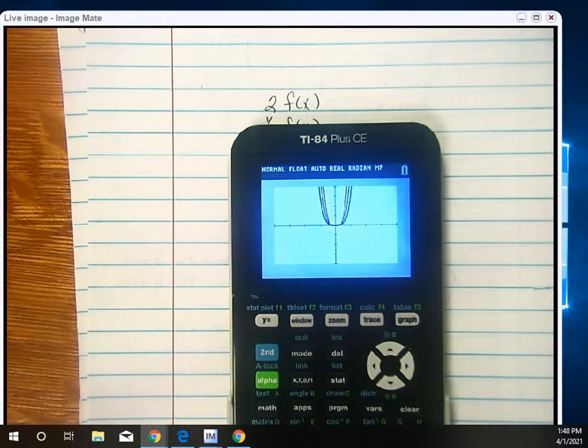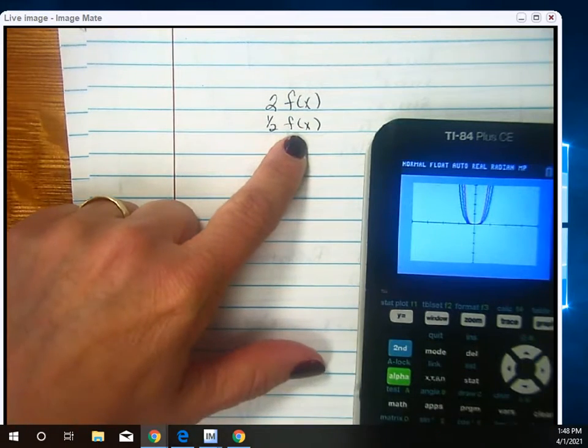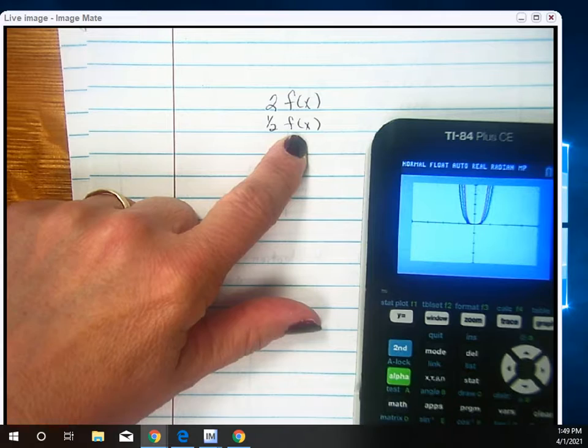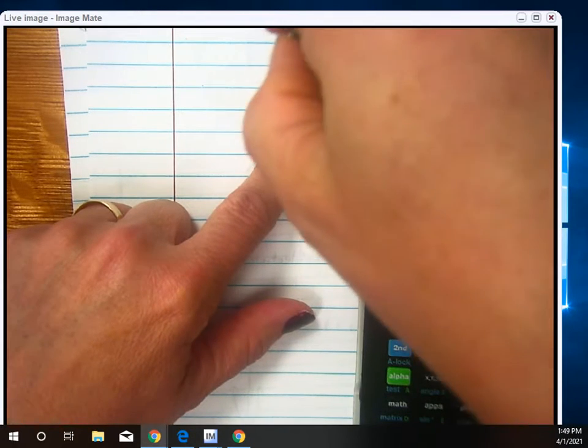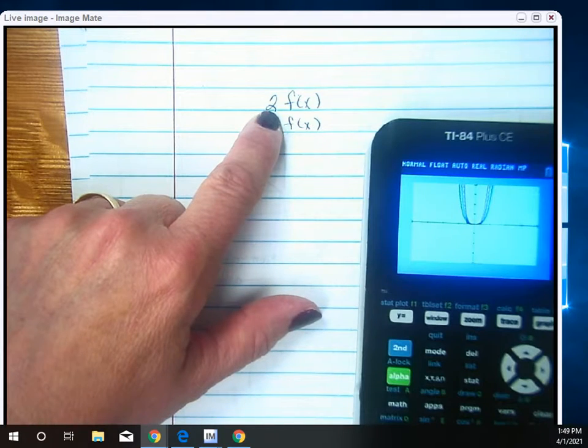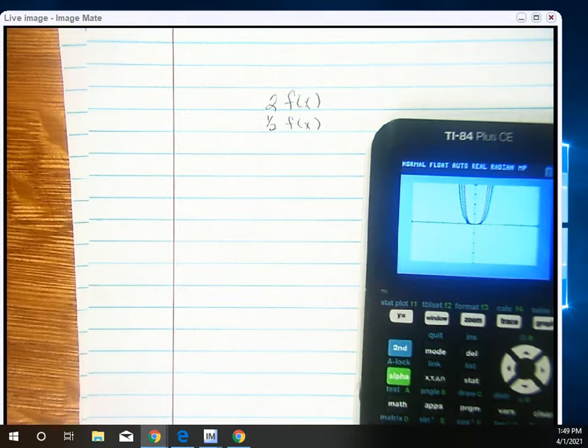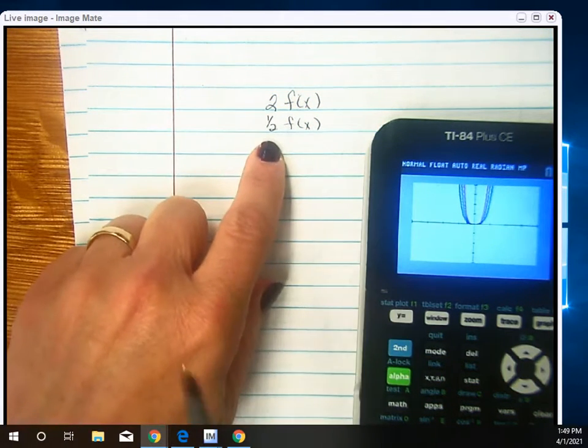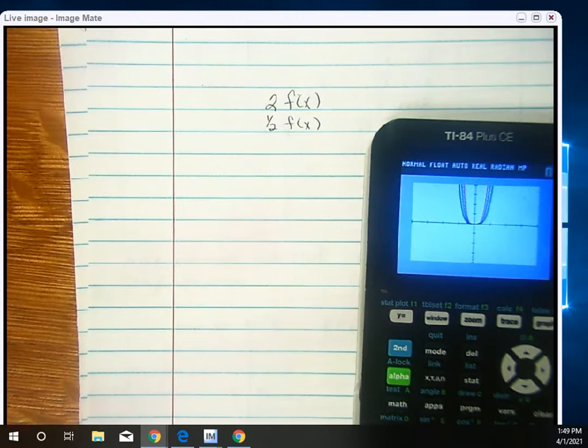Okay, so the y values are getting smaller. Remember, f of x is y, right? That's your function. So this is taking your value of f of x and multiplying it by 2, so your y value is getting bigger faster. This one is halving it, so the y value is getting smaller than the original.